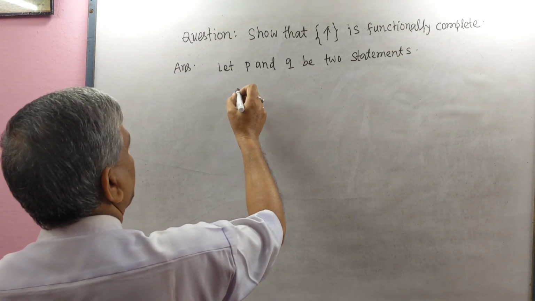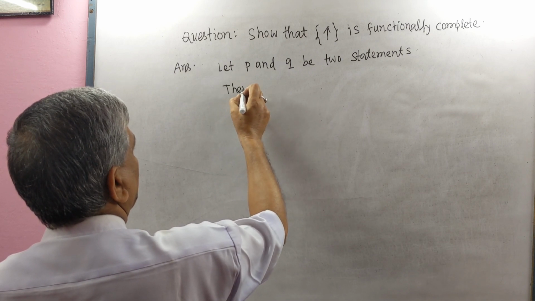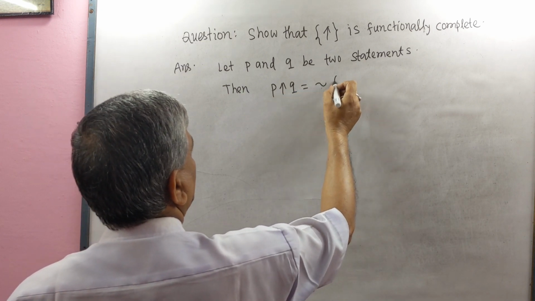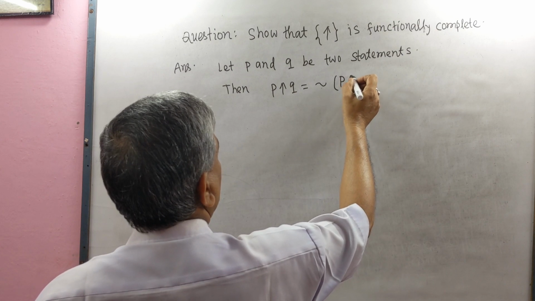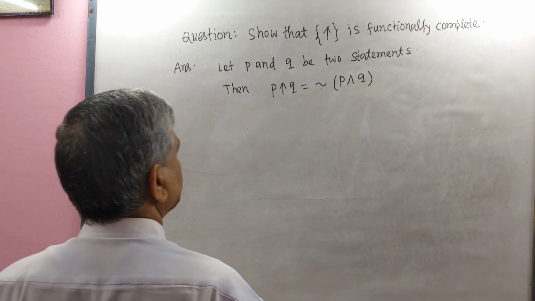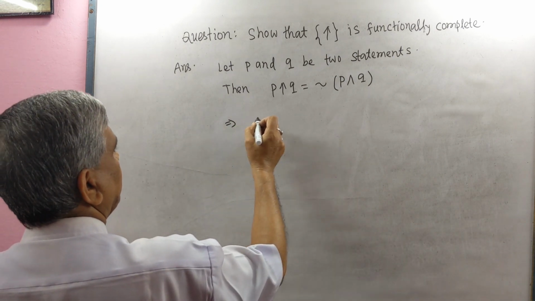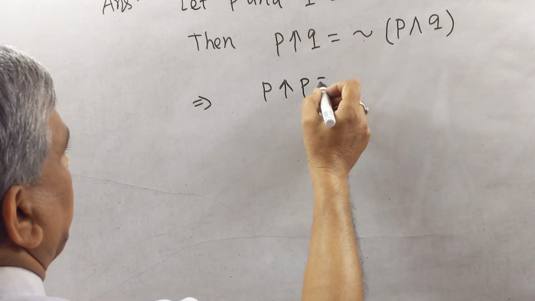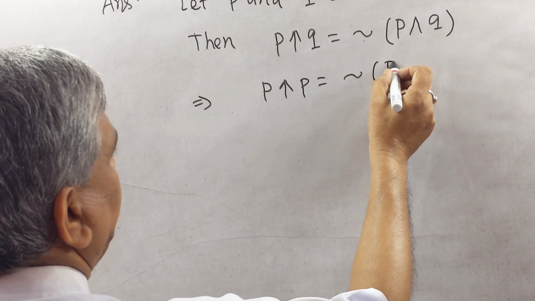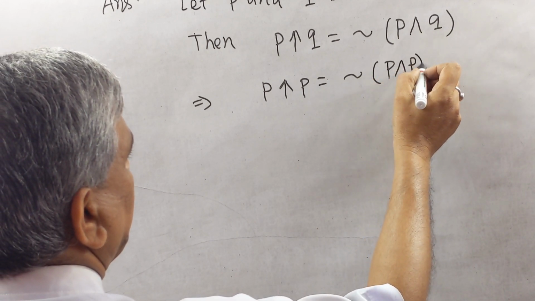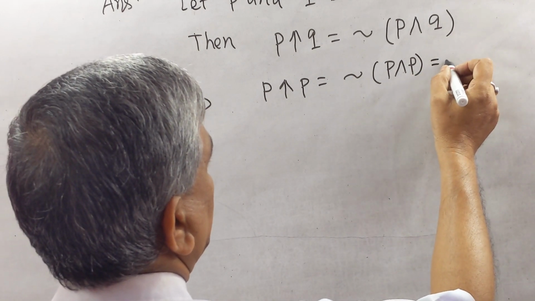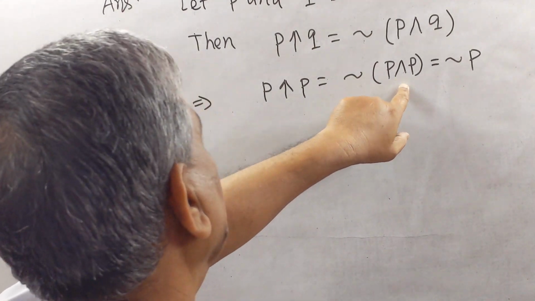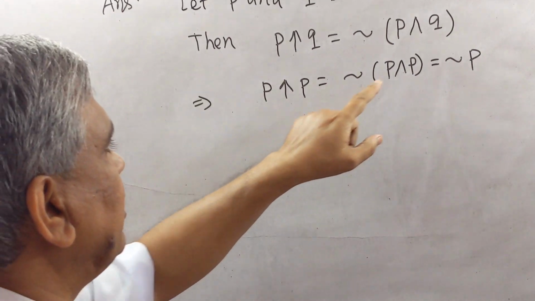Then P NAND Q is equal to negation of P conjunction Q. This implies that P NAND P is equal to negation of P conjunction P, which equals negation P. This is according to the idempotent law. So we get P NAND P equal to negation P.